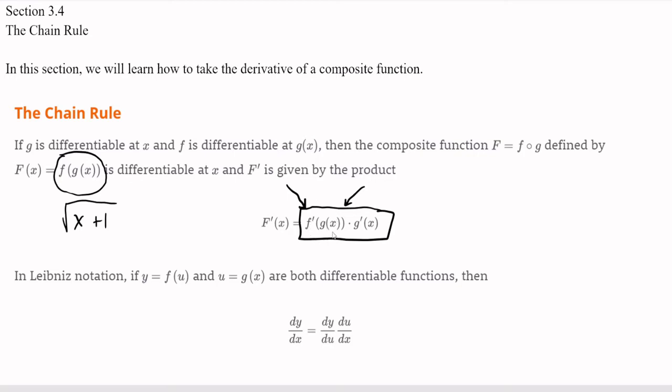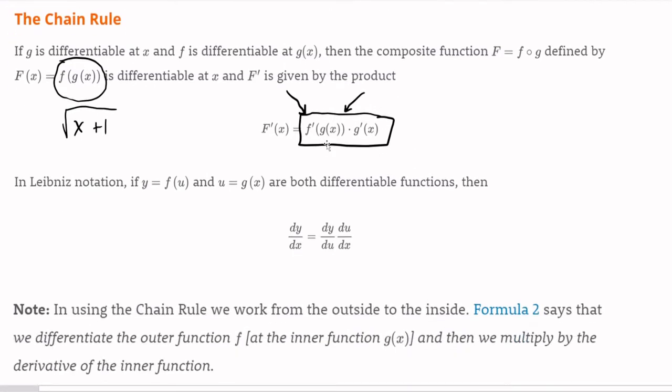No, g is plugged back in, just like it is over here, into just f prime now. So this outside function has changed by doing the derivative. This still stays inside it in its new form, whatever that is, and then you multiply by the change of the inside.